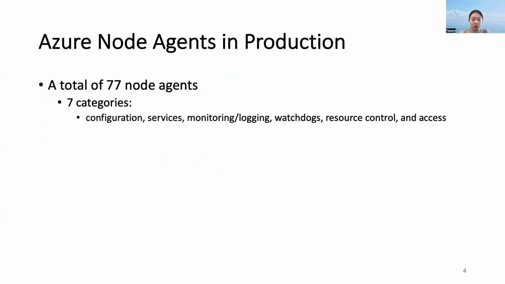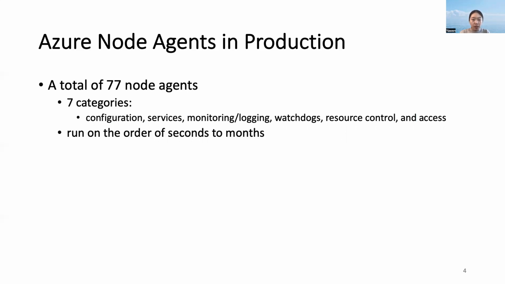Based on the tasks they perform, they can be grouped into 7 categories, including server configuration agents that configure nodes' hardware and software, long-running service agents for services like VM creation and migration, monitoring and logging agents that monitor various CPU counters and network telemetry, watchdog agents that watch for problems or errors, resource control agents that manage resource assignment, and also access agents that grant operator access to the server.